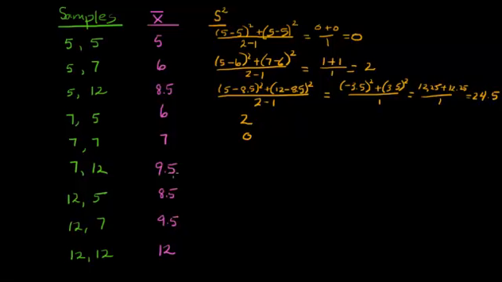But here's one we haven't done yet. So let's do that. 7 minus 9.5 squared plus 12 minus 9.5 squared all over 2 minus 1. Okay, 7 minus 9.5, that's negative 2.5.